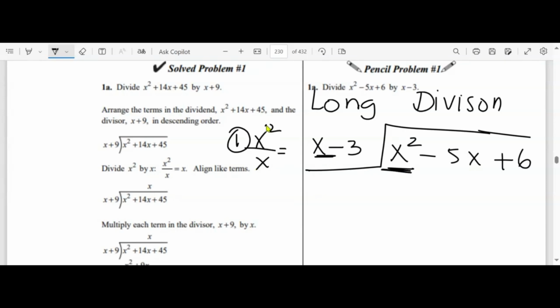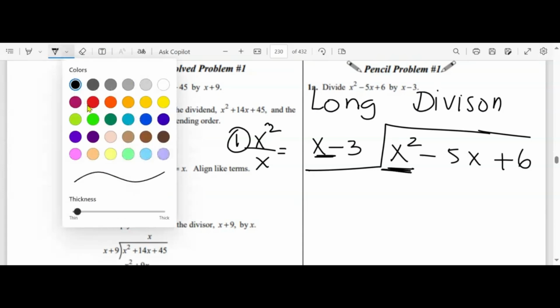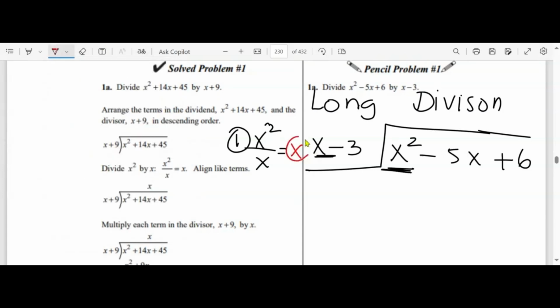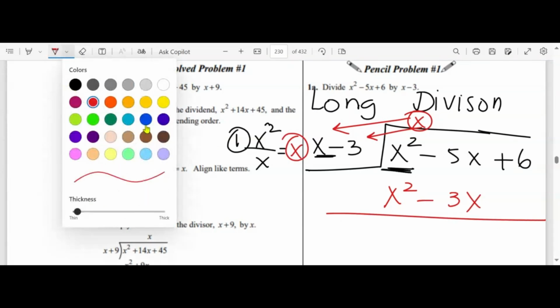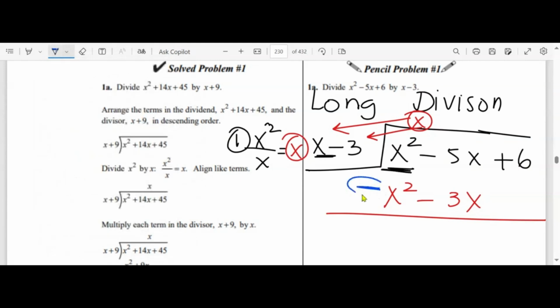X. What's the answer? X. Put the x where? Over here. Multiply the x 2 times. X times x. X times 3. Now you're going to change the sign. So this become what? Negative, and this become what? Positive. Easy. Now you're going to add.